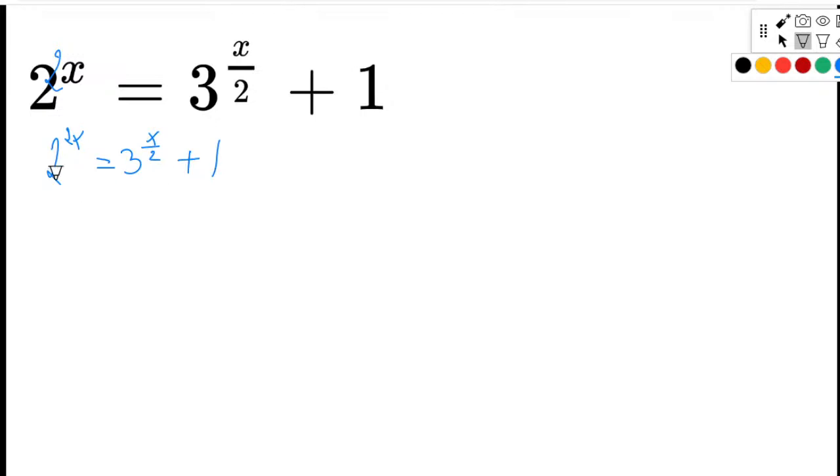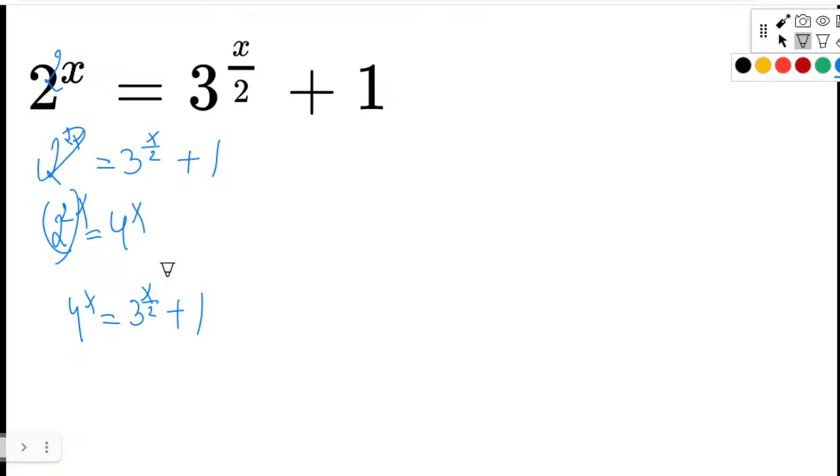What we would do here is write this one as 2 to the power of 2x, which is 4 to the power of x. So 4 to the power of x equals 3 to the power of x over 2 plus 1.